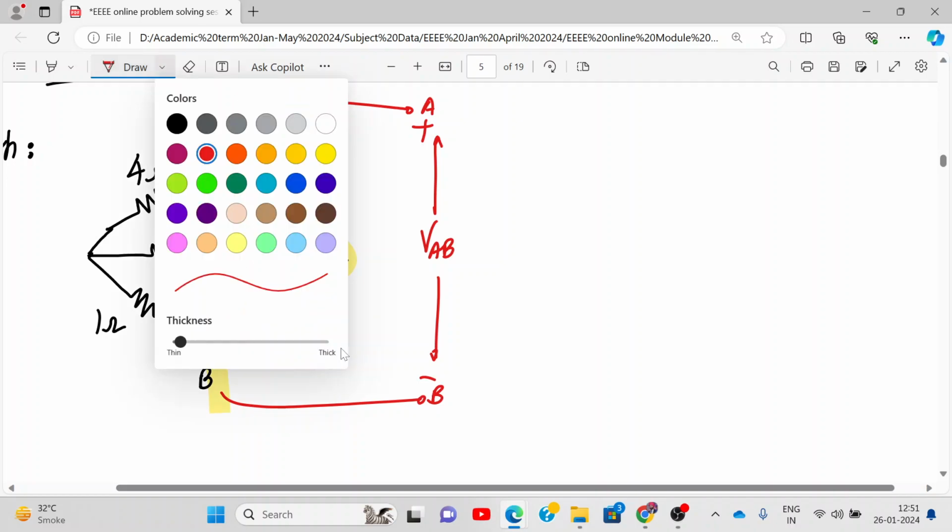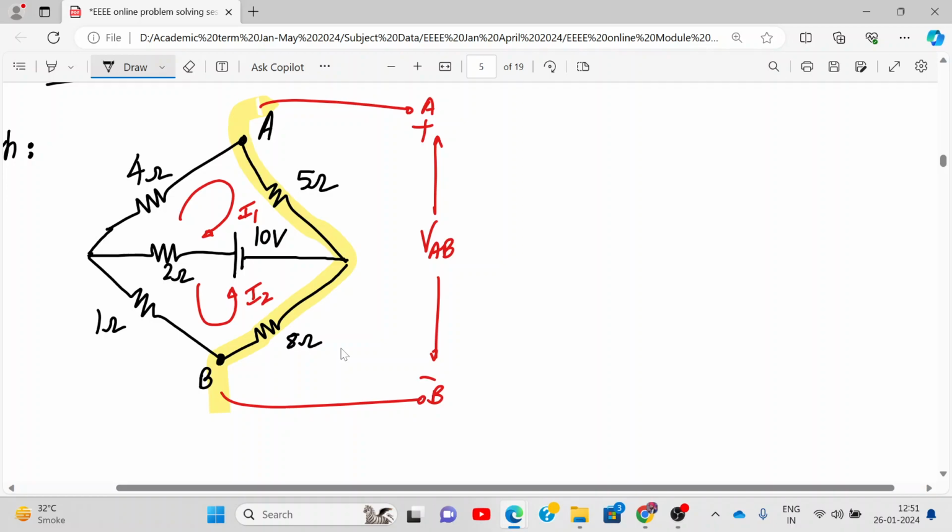Yes or no? Now tell me, according to KVL, around this yellow loop, which direction are we going? This direction. Now tell me, how will you start? Start from B. Here this direction and current direction are same, so it's minus, right?